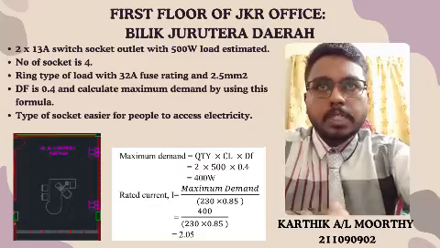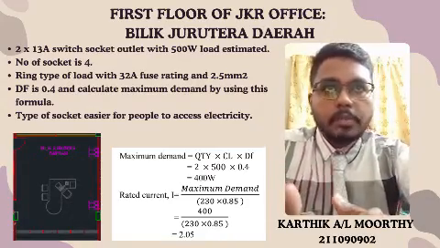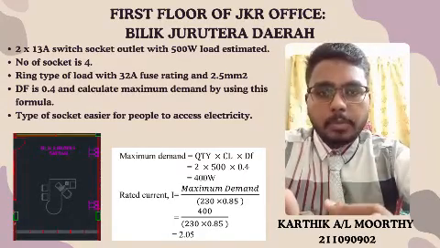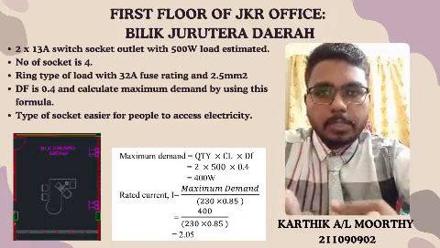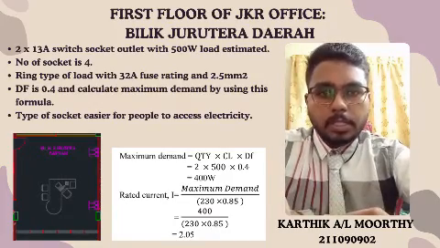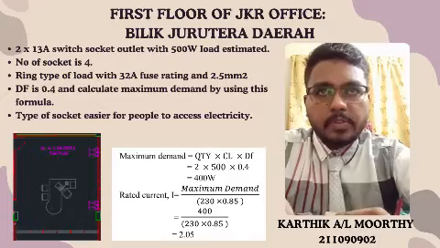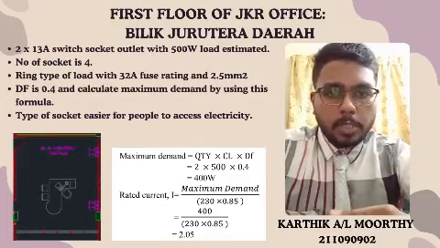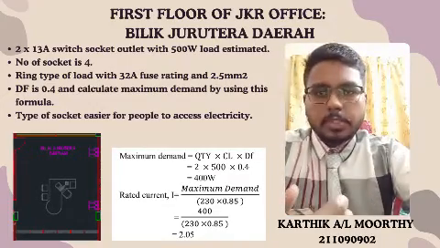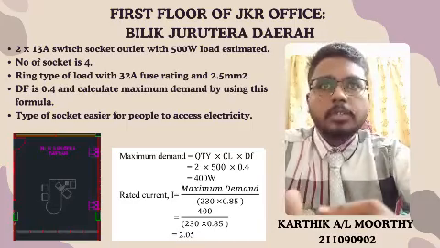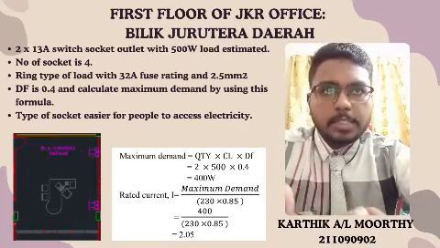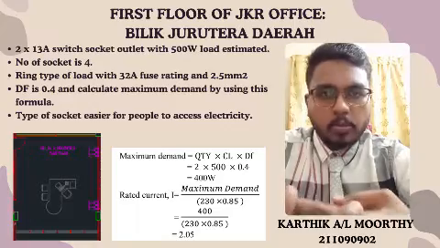After calculating maximum demand, we proceed with calculating rated current with the given formula, which is I equals maximum demand over 230 times 0.85. Then we can obtain 2.05. We use single phase formula so we can equally balance the red, yellow, blue phase load.